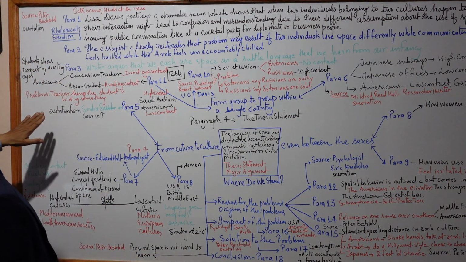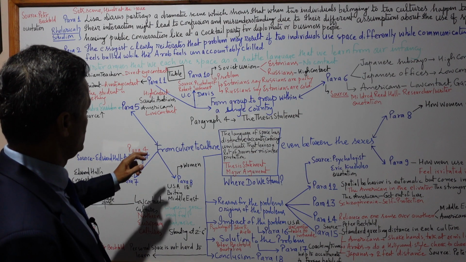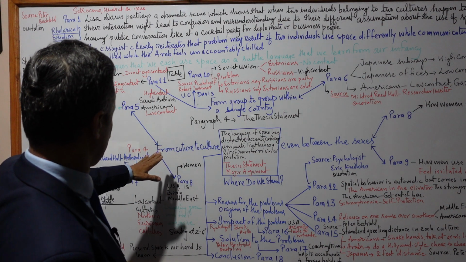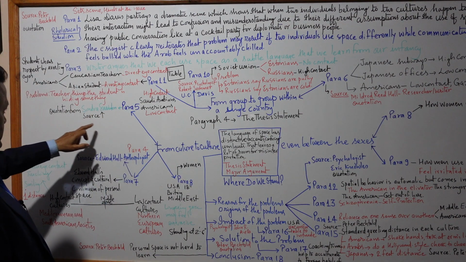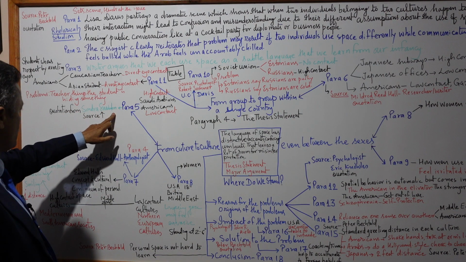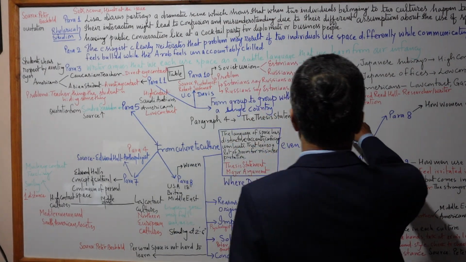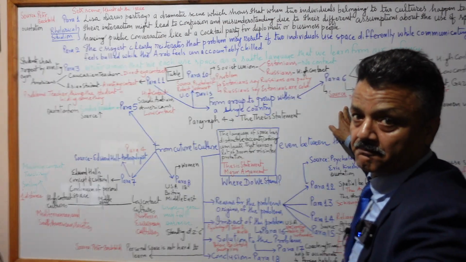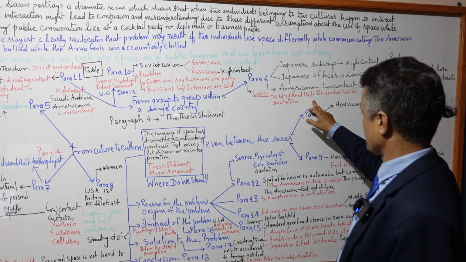Then in paragraph 5, let's check where is paragraph 5. Yes, in paragraph 5, Lisa Davis brings a quotation from Sondra Thiederman. Then in paragraph 6, Lisa Davis brings a quotation from Mildred Reed Hall.